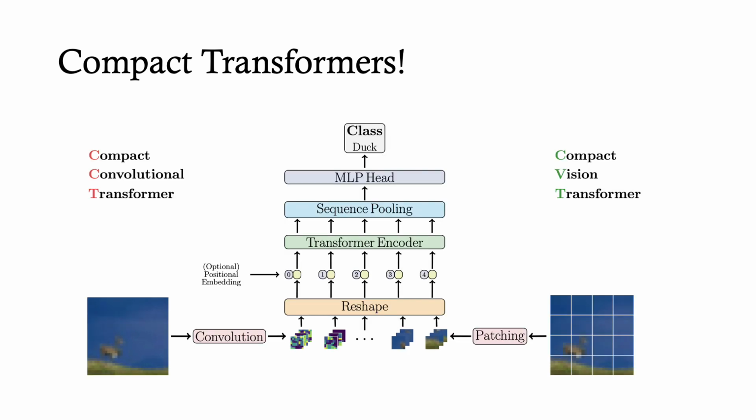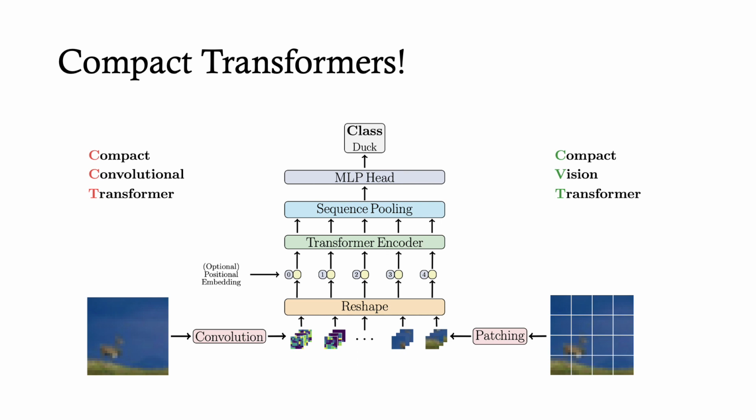Here comes our compact transformer design again, and we are showing the two different variants: the compact vision transformer on the right side and the compact convolutional transformer on the left side. If we replace the sequence pooling with the classification token for the compact vision transformer, it is basically the lightweight ViT, or what we call ViT-Lite in our compact transformer variants.